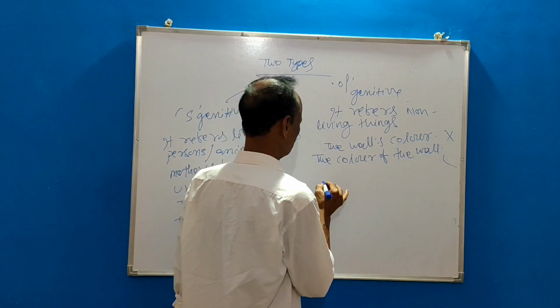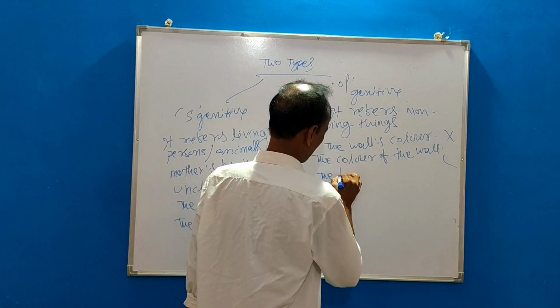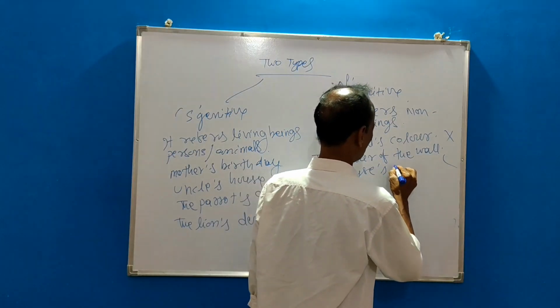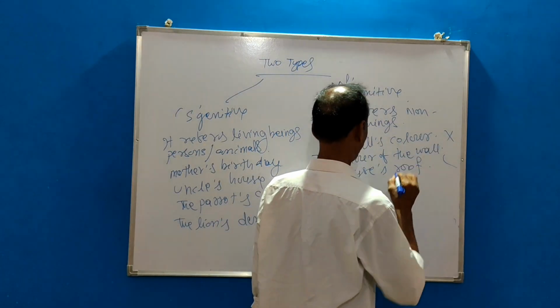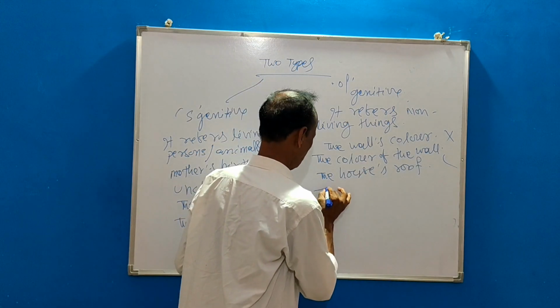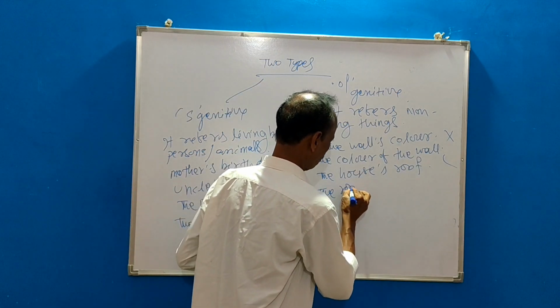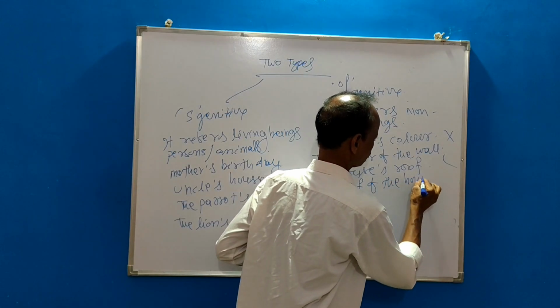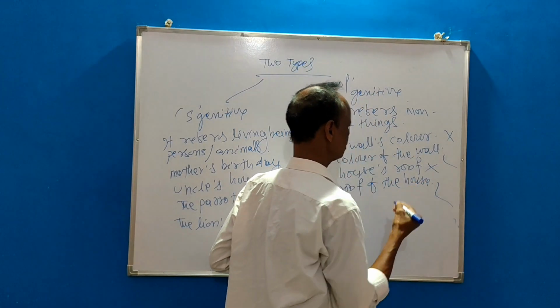Another example, the house's roof. It is wrong. The roof of the house. It is correct.